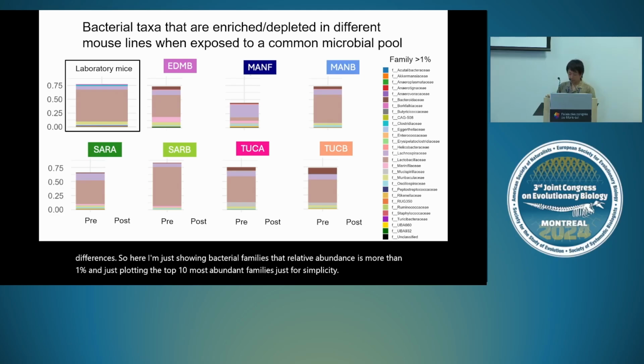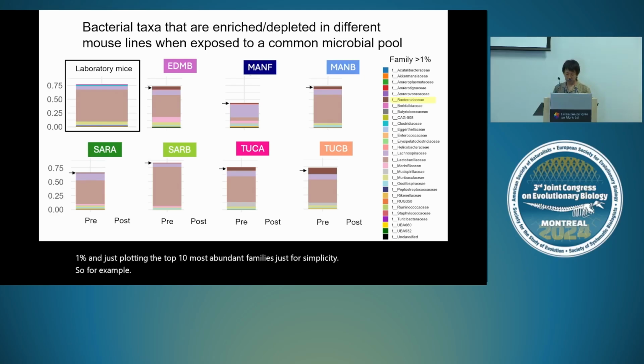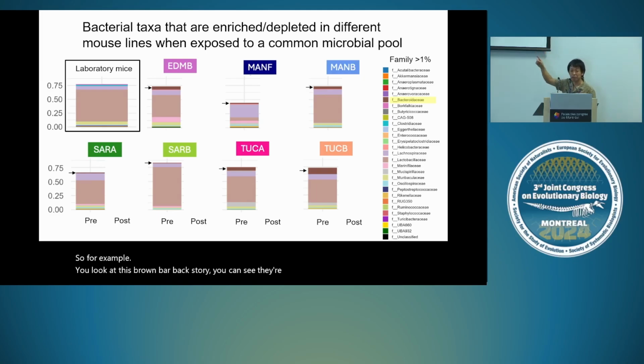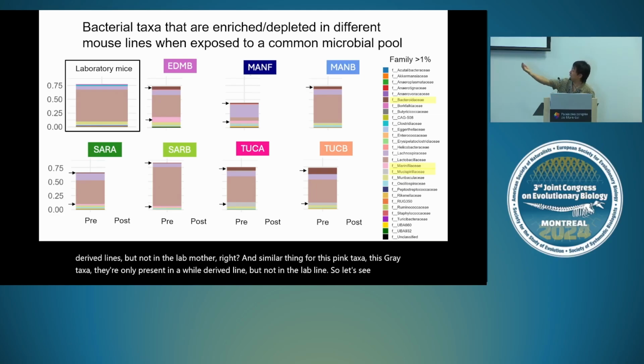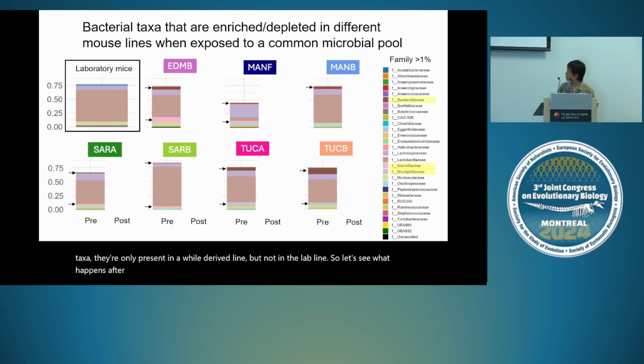For example, if you look at this brown bar, Bacteroidaceae, you can see they're present in all the wild-derived lines, but not in the lab mother, right? And similar for this pink taxa and this gray taxa, they're only present in a wild-derived line, but not in the lab line. So let's see what happens after post-embryonic transfer.